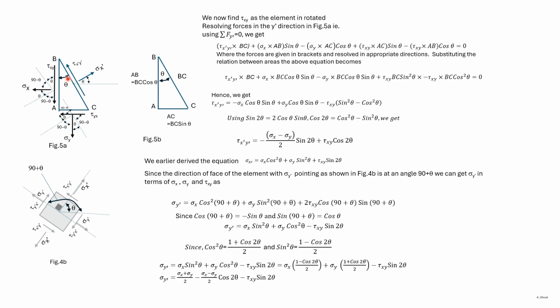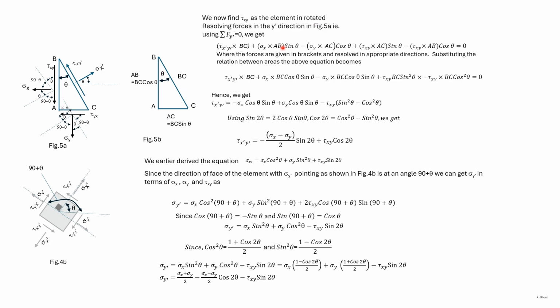So we get tau x dash y dash into BC plus sigma x into AB into sin theta minus sigma y into AC into cos theta plus tau yx, which we have written as tau xy, into AC into sin theta minus tau xy into AB into cos theta is equal to 0.